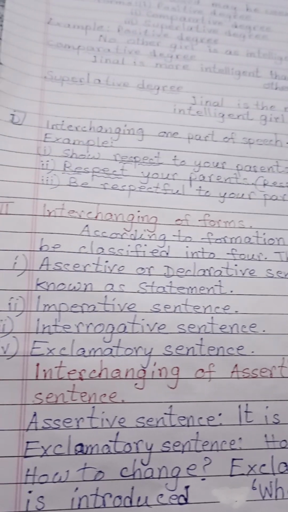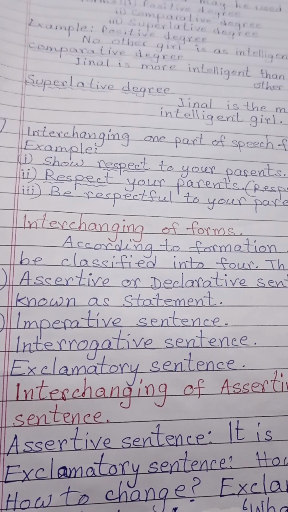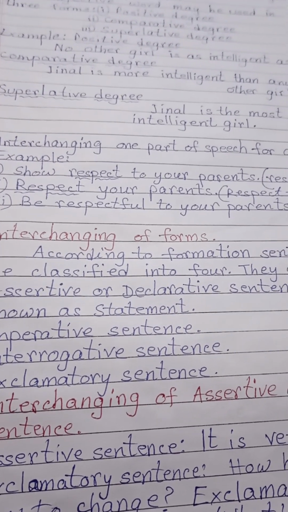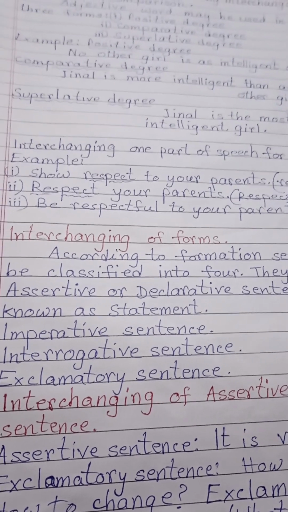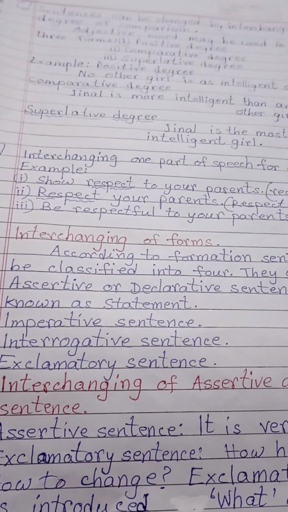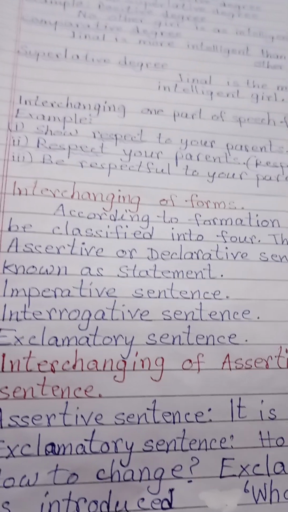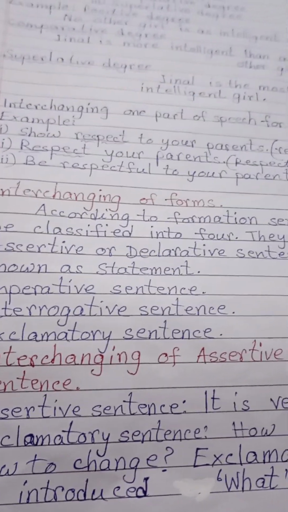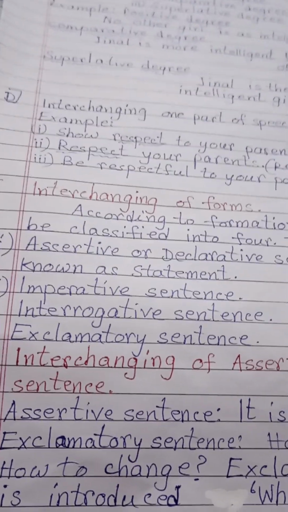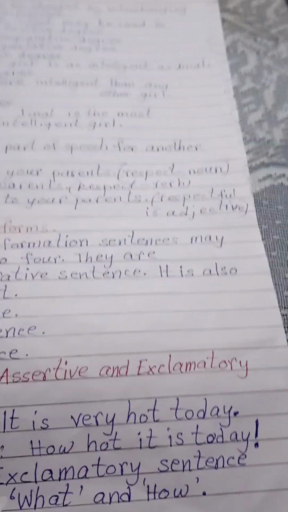Next one, interchanging of assertive and exclamatory sentence. Sentence is classified into 4. You might be knowing sentence is classified into 4.